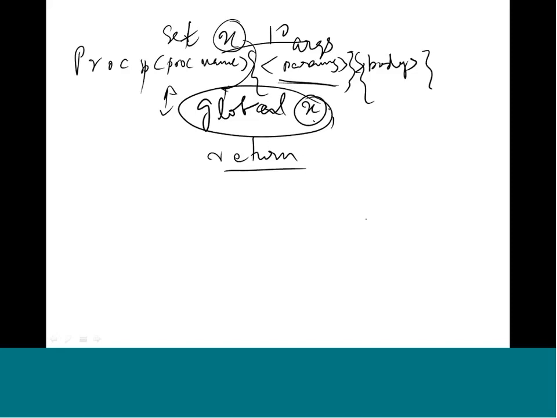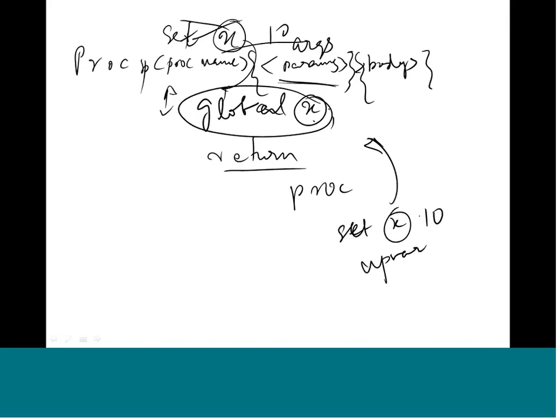And then we have a couple of other things. If you want to communicate a particular value of a variable, say inside the proc you are saying set x 10, and this x needs to be visible outside the proc, the way to communicate is using upvar.